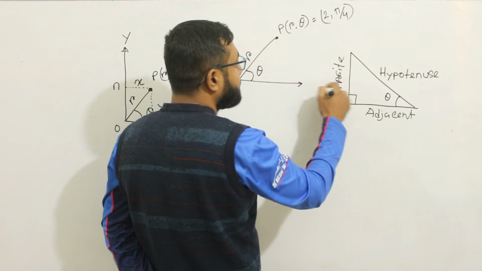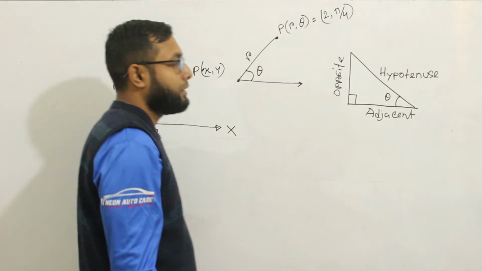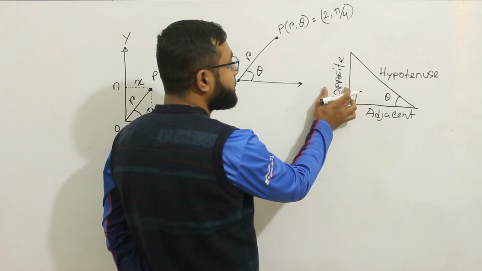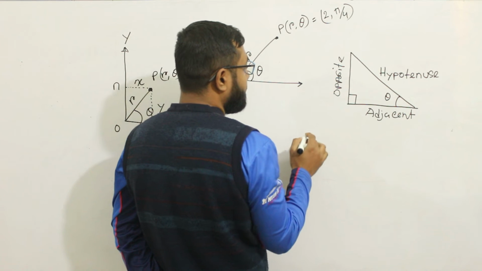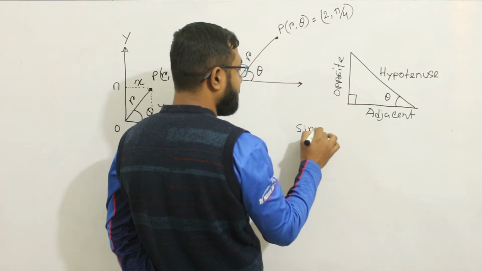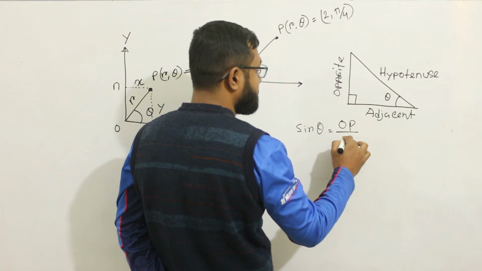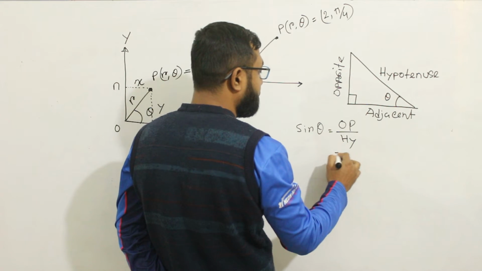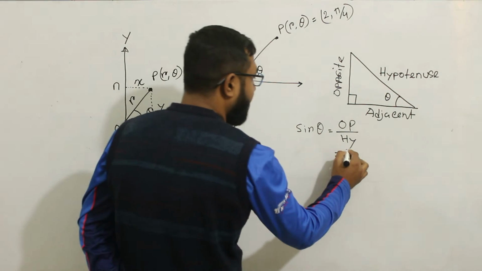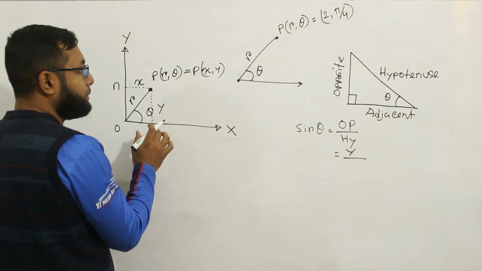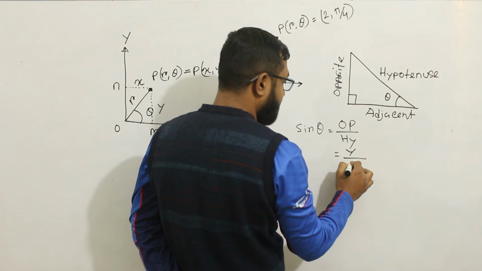We have to find the opposite arm where the hypotenuse value is given, so we need a relationship between opposite and hypotenuse. We can write sine theta is equal to opposite arm by hypotenuse. Our opposite arm is unknown, and that is y, and the hypotenuse value is given as r, which is 2.